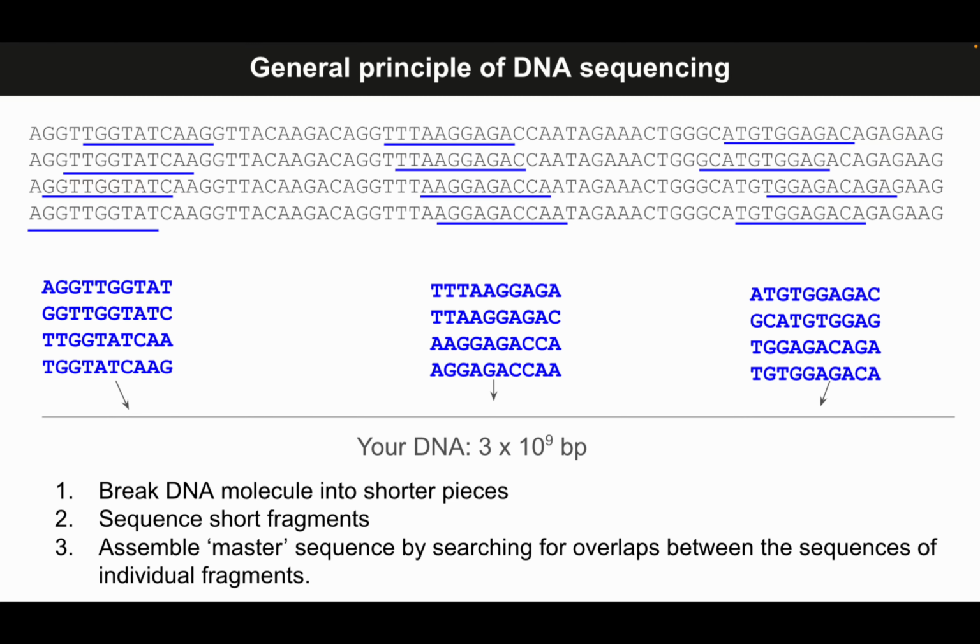I think it's Celera, but we'll find out in the next slide. And then there was another public project which was funded by the US. Both of these were funded by the US government, and you'll see three distinguished individuals come up in the next slide. But the basic idea on which these projects worked is we wanted to determine what the human genome sequence is, what the human DNA sequence is.